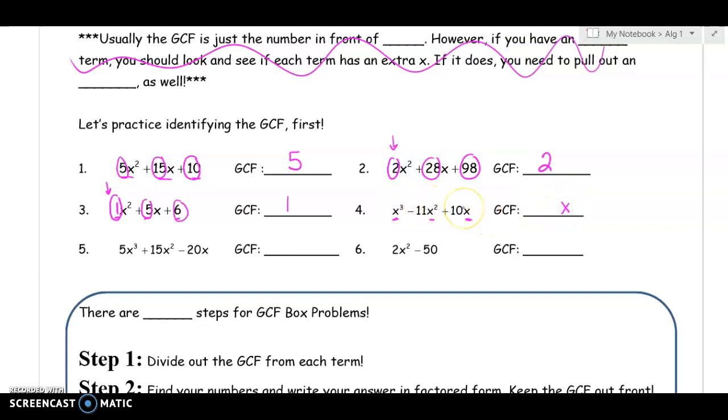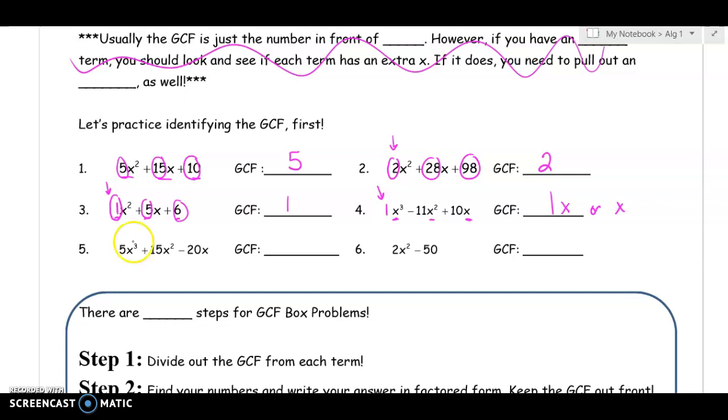So x is going to be our GCF. If we look at numbers, we have a 1, 11, and 10. Again, the biggest it's going to be is 1, because the only number that all three of those can be divided by is 1. If you want to put a 1 here and put 1x, you can. Otherwise, just x is fine for your GCF.